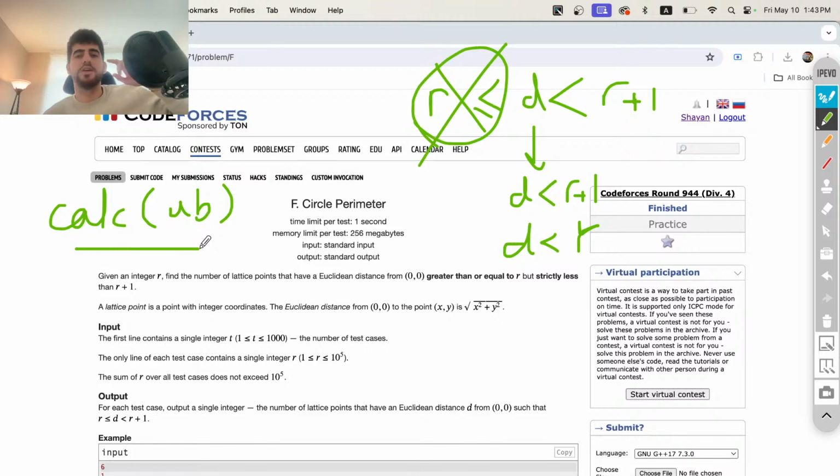Your points, which are called lattice points, are for example 1 and 1, 1 and 2, 1 and 3, 2 and 1, 2 and 2, 2 and 3, -5 and 5, anything like that. So they should be integers. So you need to find out how many integer points we have such that their distance from 0 and 0 is greater than or equal to r, but strictly less than r plus 1. Is this statement clear?